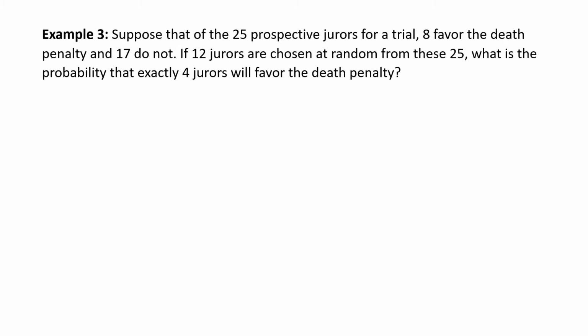Example. Suppose that of the 25 prospective jurors for a trial, 8 favor the death penalty and 17 do not. If 12 jurors are chosen at random from these 25, what is the probability that exactly 4 jurors will favor the death penalty? This is a multi-step problem.